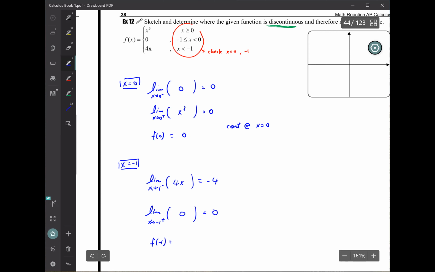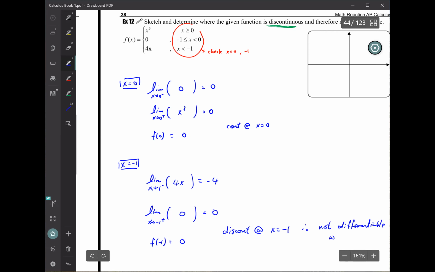How about f of -1? 0. Okay, because they don't equal, it's discontinuous at x equal to -1. Therefore, if it's broken, that means it must be not differentiable.